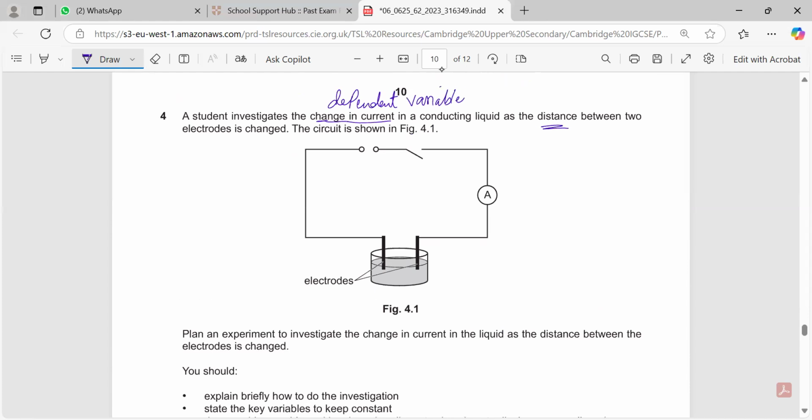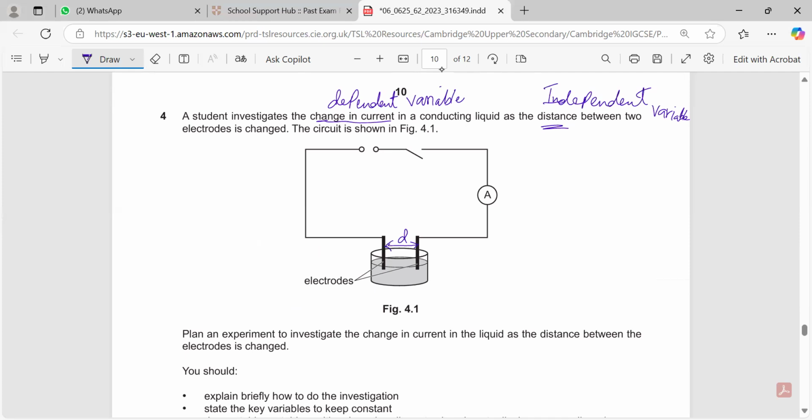And the distance between the electrodes is the independent variable. These points are very important: dependent and independent variable.